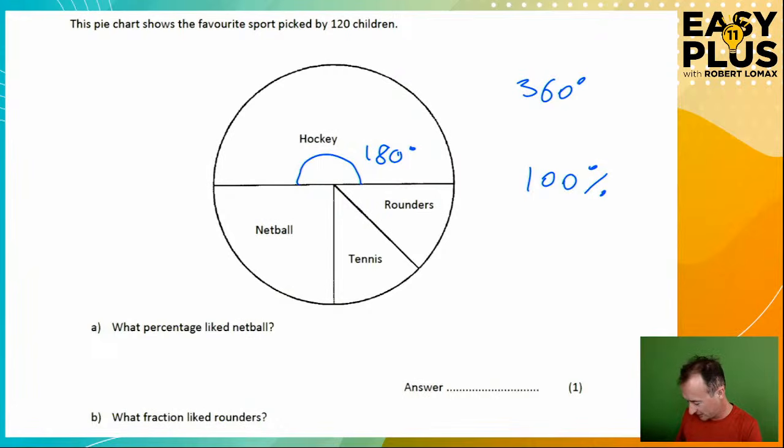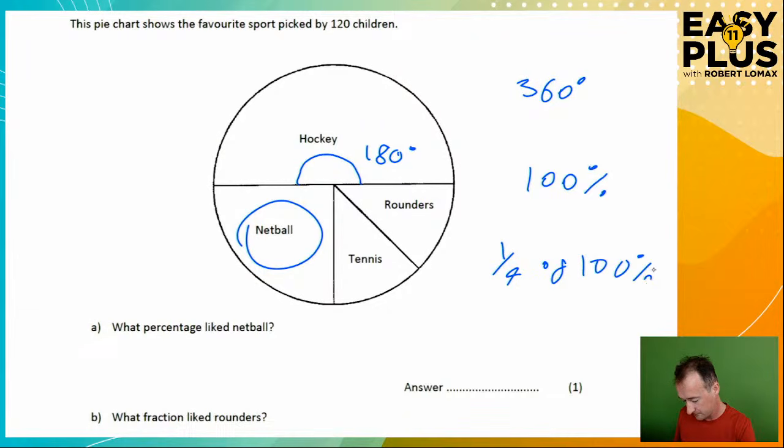So the first question says, what percentage liked netball? So it looks like a quarter of this pie chart is for people who pick netball, and a quarter of 100% is of course 25%. Now, you may note that there's no symbol here to show us that this is a right angle.